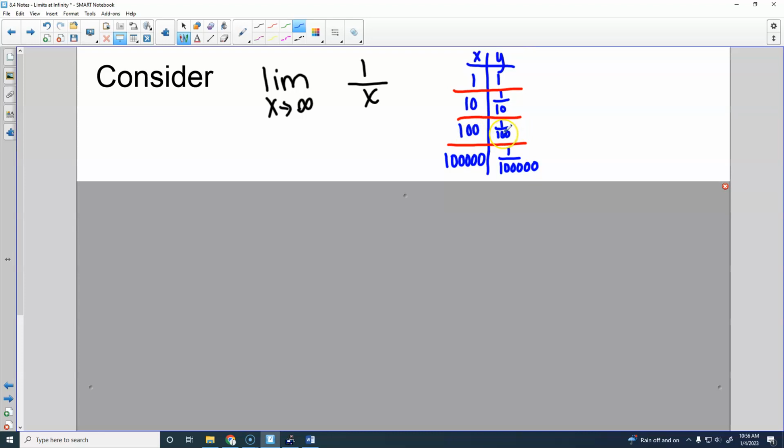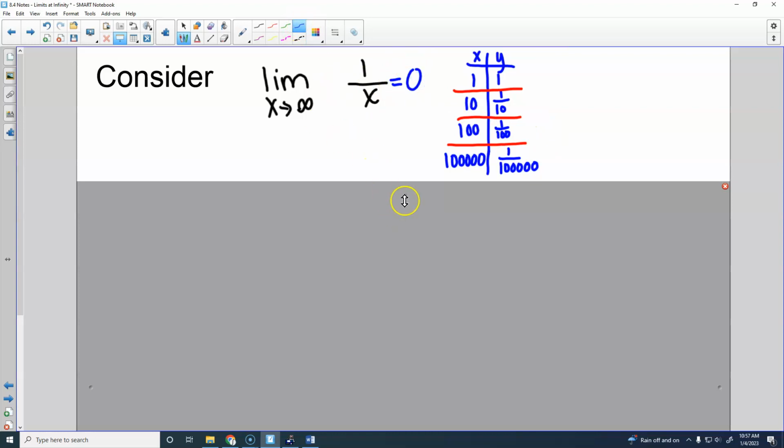Is this worth showing up to the pizza party for? It is not, right? If I got 100,000 people and we're all sharing one pizza, everybody gets like a microscopic crumb of a pizza, right? It's not helpful. So the limit as x approaches infinity here is 0.